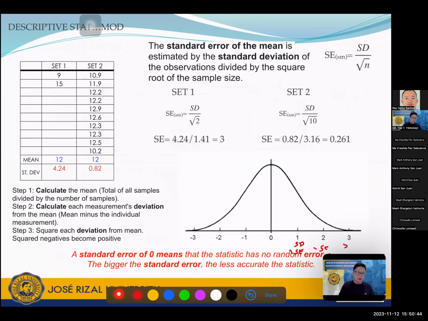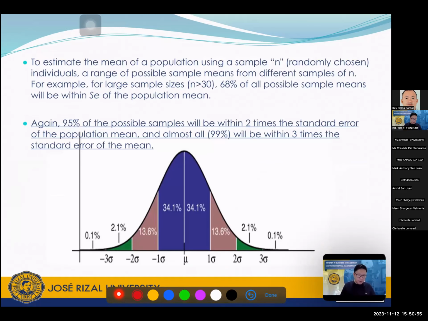Okay? So they are still the same. The way you compute it is also the same. You set 1, set 2, you get the mean, you get the standard deviation, and then you calculate. It's still the same. The only difference is you are treating multiple variables, but you're still using the same scale. The scale name is, instead of standard deviation, we call this standard error.